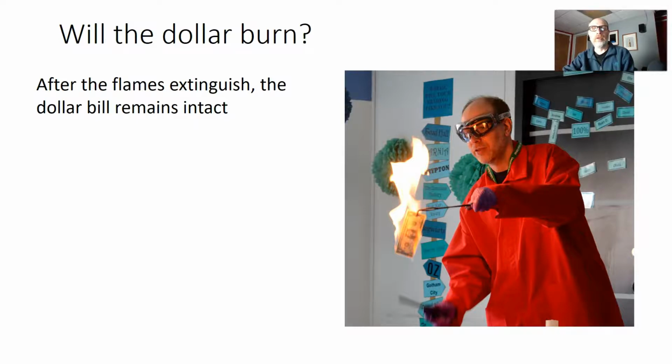And what's cool about that is that you burned something visibly, but it doesn't turn to ashes. It doesn't get burned, or at least if you do it right, it doesn't get burned. And so that's actually a pretty cool and pretty convincing experiment.